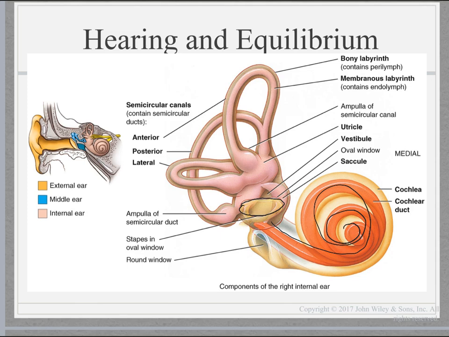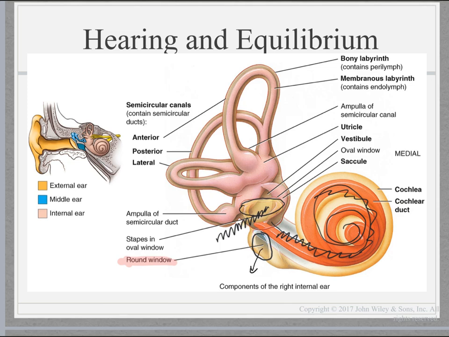But now here's the problem. Water cannot be compressed. So what happens is, as sound waves, vibrations, come into this window, the vibrations are going to travel through the fluid, which causes a displacement of the fluid. That brings us to our round window. Now the round window is super important because the round window is going to bulge as those pressure waves come in.